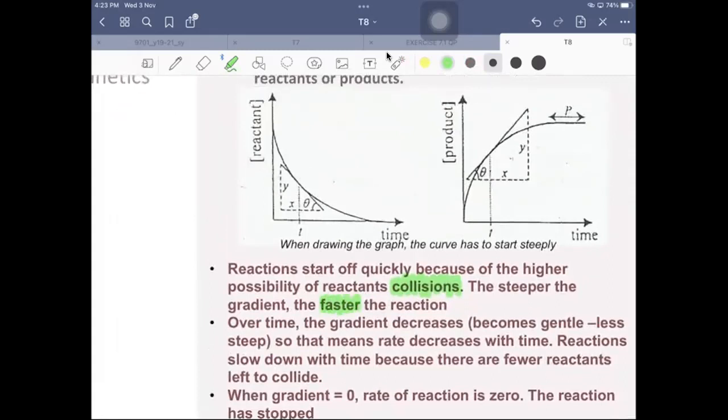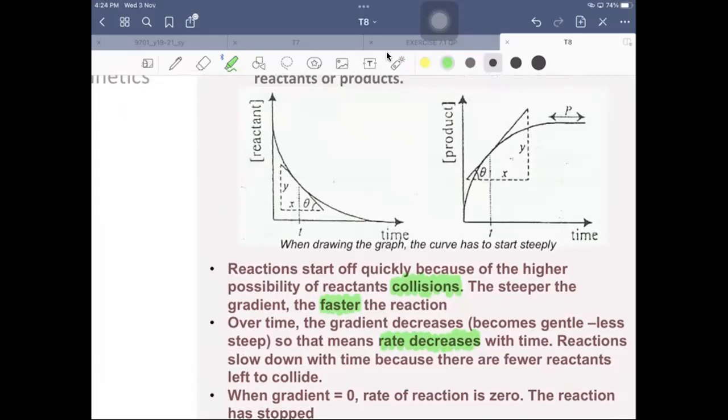Over time, the gradient decreases, or we say it becomes gentle or less steep. That means the rate of reaction decreases over time. It gets slower and slower. The reason for this is because you now have less and less reactants to collide, so your chances of collision are smaller.